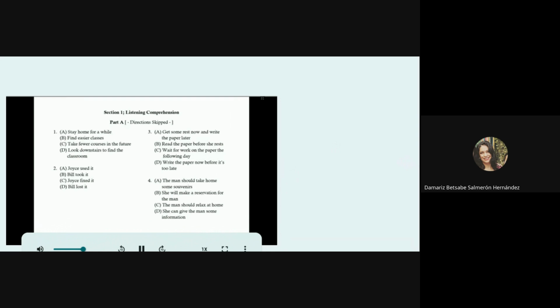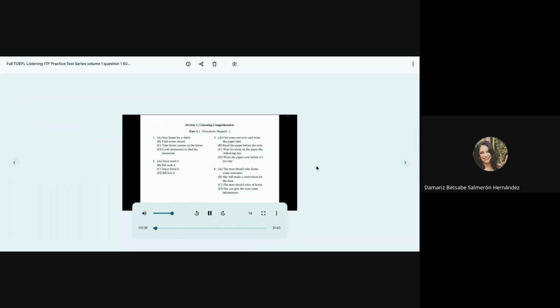The conversations and questions will not be repeated. After you hear a question, read the 4 possible answers in your test book and choose the best answer. Then, on your answer sheet, find the number of the question and fill in the space that corresponds to the letter of the answer you have chosen.